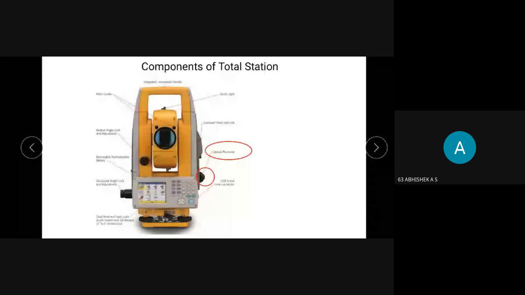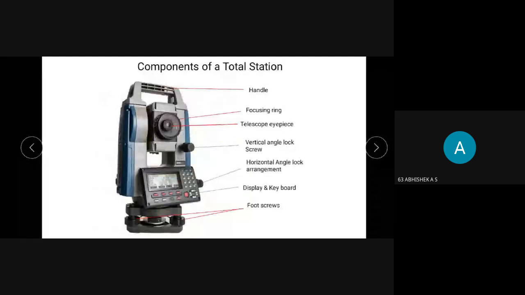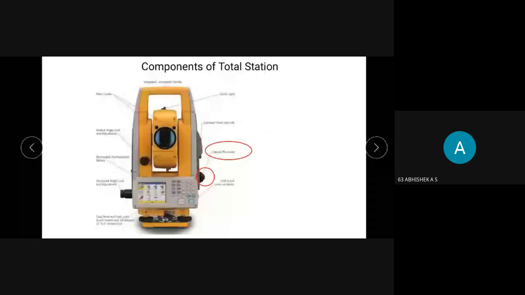This is one of the components, the optic plummet. In this view you cannot see the optic plummet, that's why I have shown it in another figure. So this is the optic plummet. It is actually used for centering of this instrument.